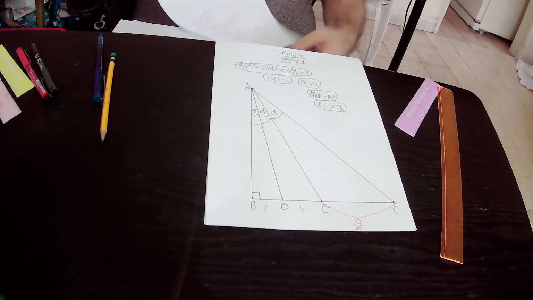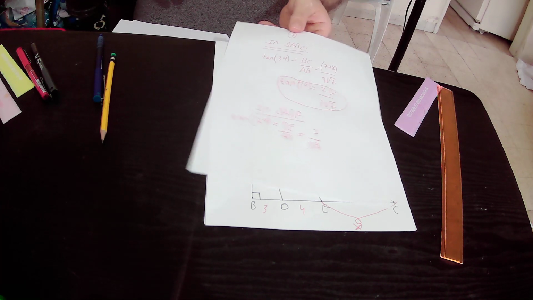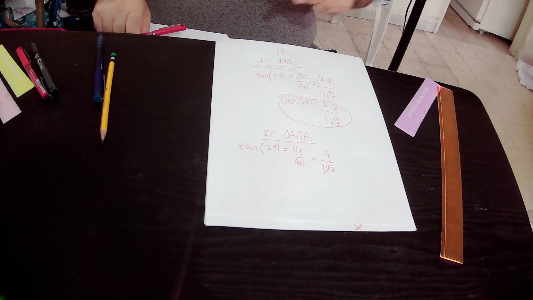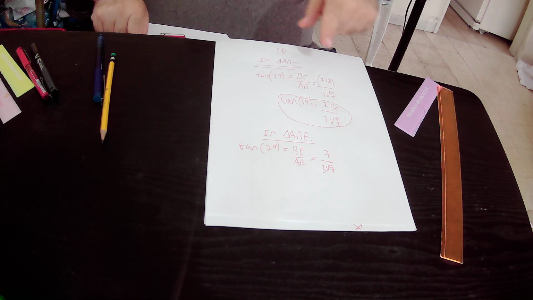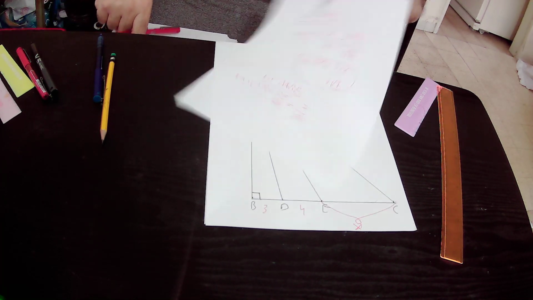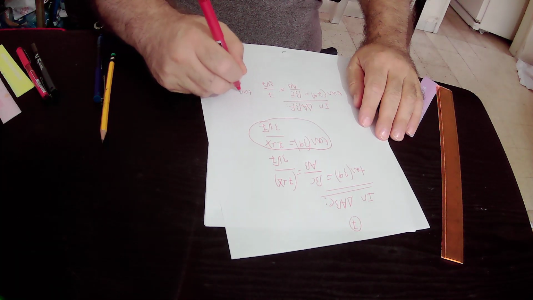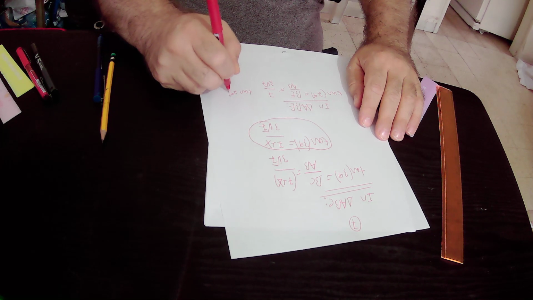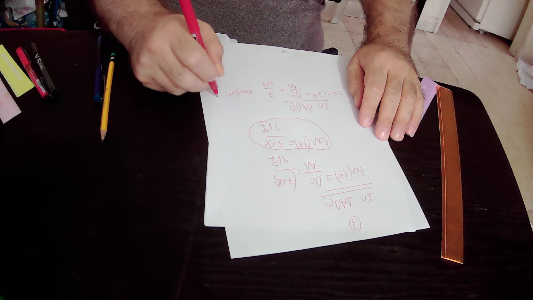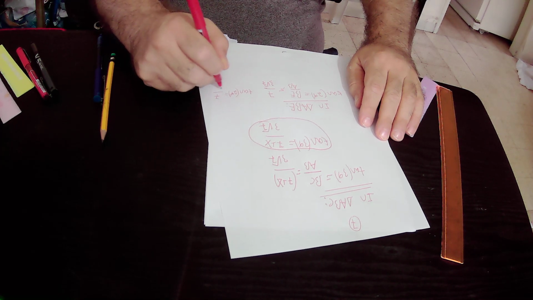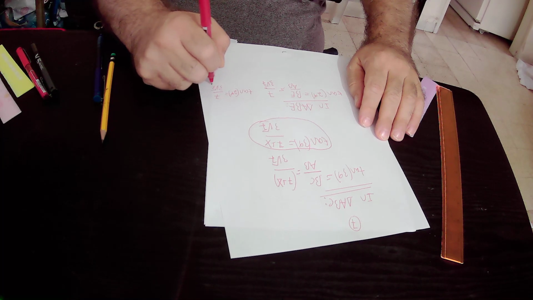So in total we got that the value of tangent 2 alpha equals 7 over 3 times root 7. So I write it down. The value of tangent 2 alpha equals 7 over 3 times root 7.